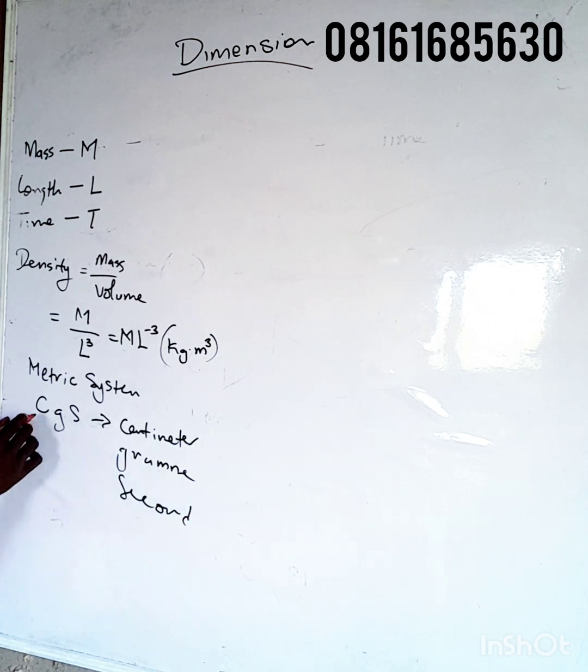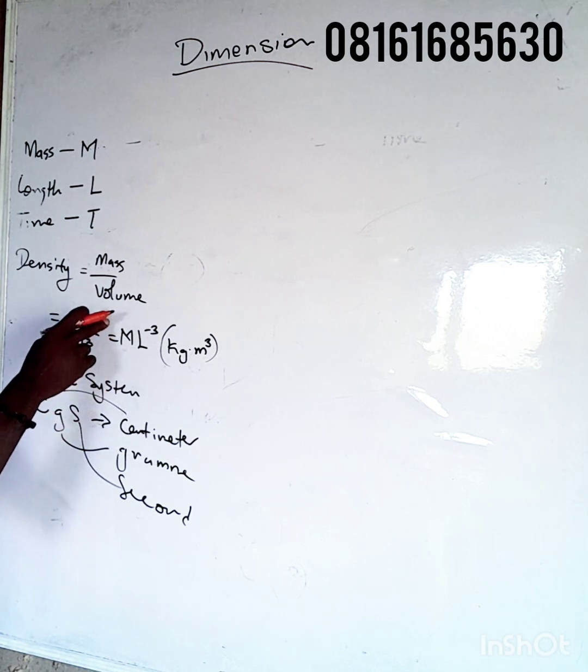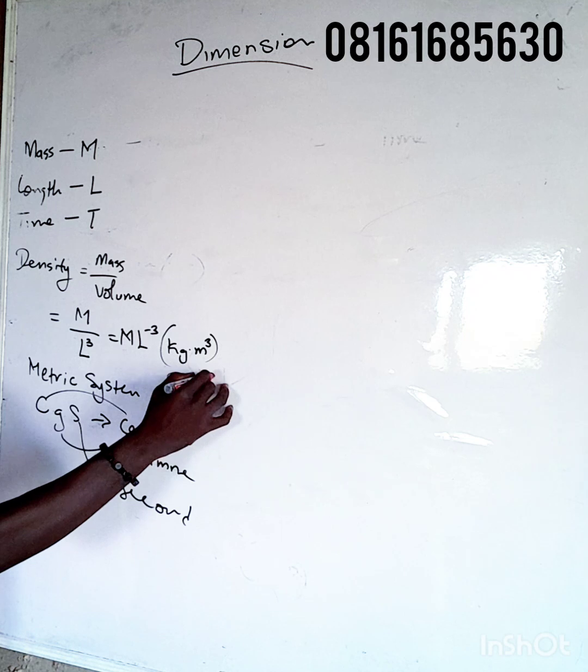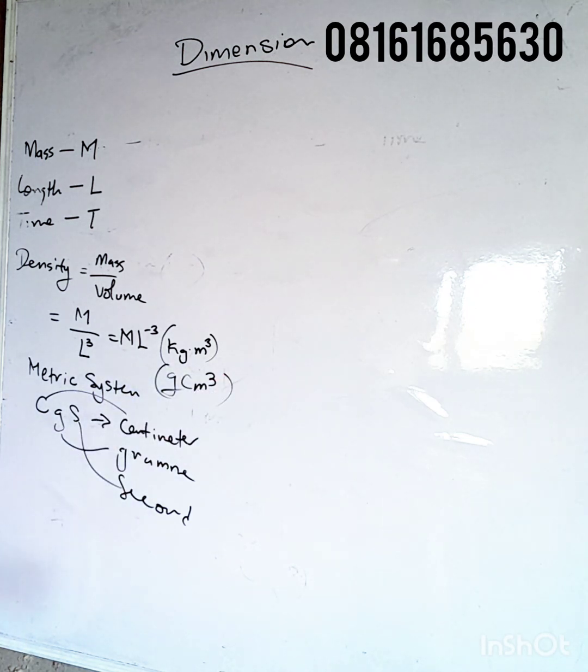That is what it means. Centimeter, gram, seconds. Are we together there? So if you are using the CGS metric system, in this place your mass will be gram. Are you with me now? While your volume will be cm cube. Are you getting my point now?